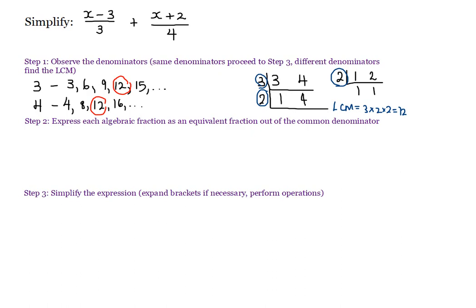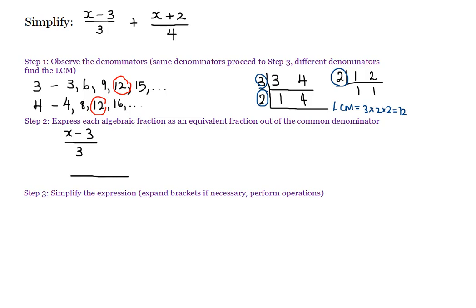Now, once we understand how to get LCM, we now have the LCM. What do we do with it? Well, whenever we find an LCM, we're finding that to bring our fractions to a common denominator. So at our next step, we're going to express each of our fractions as equivalent fractions using our common denominator, right?